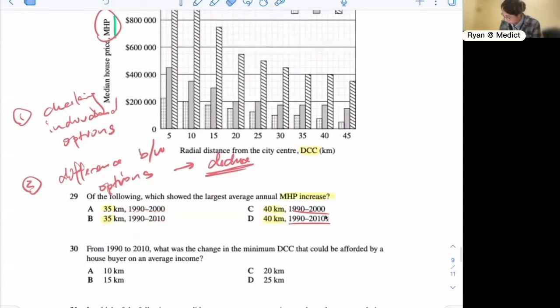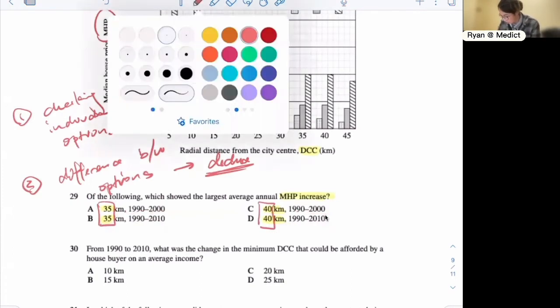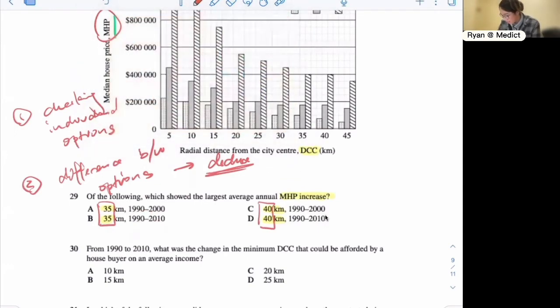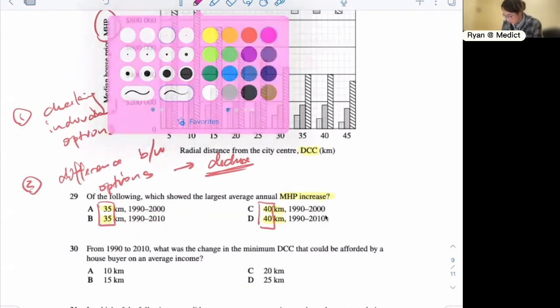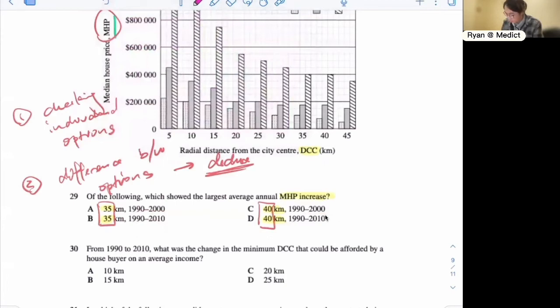Just by looking at these options, we have 35 and 40, which doesn't really tell us much. But what actually tells us much is the time period. For option A and option C, it's 1990 to 2000. It's only 10 years, okay?